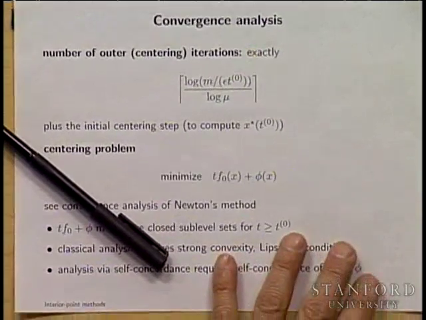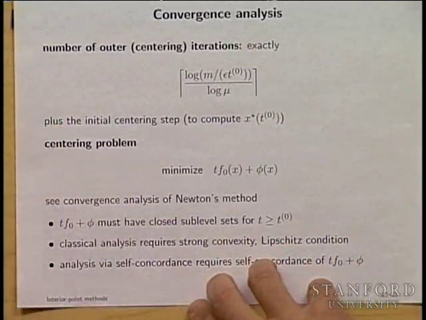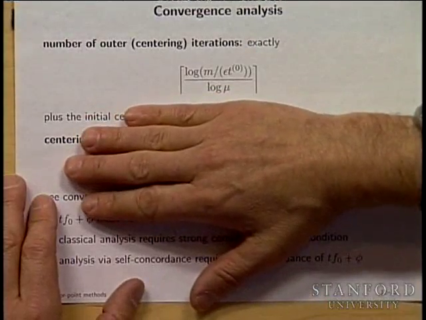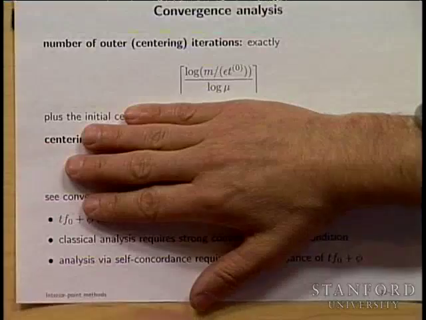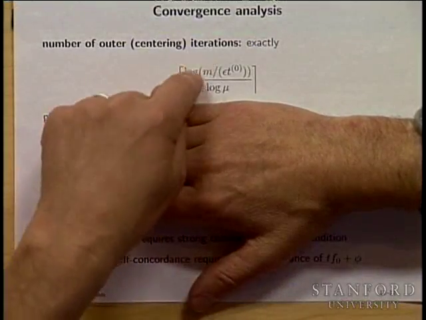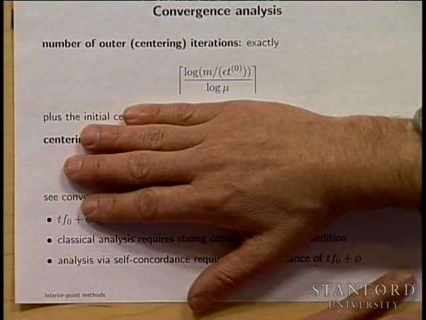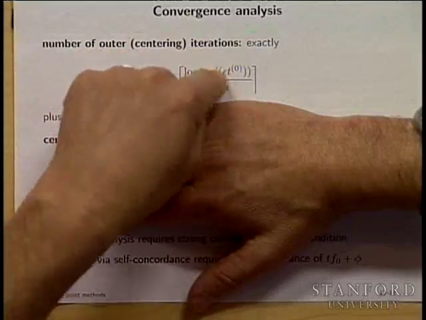Now, let's look at how this varies with mu. If mu is big, this number is kind of small. If mu is a little mouse step, like 1.01, this number is big.